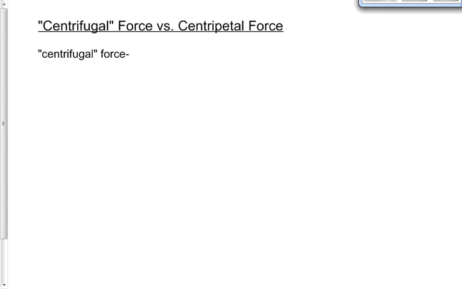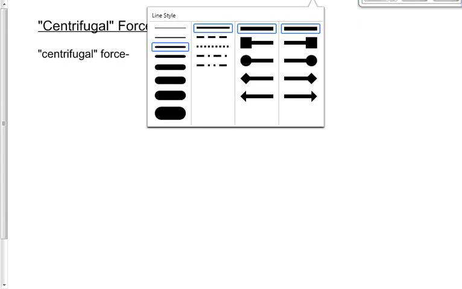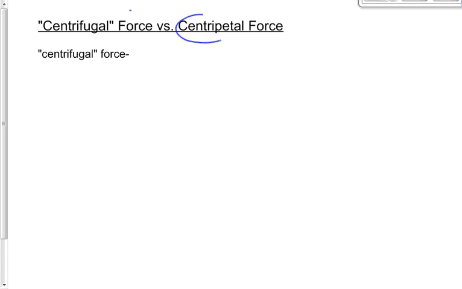Now, let's differentiate that with centripetal force. You've heard both of those words before, centripetal and centrifugal. Centripetal means center-seeking. We talked about that yesterday, earlier today. Center-seeking. In other words, a force that pulls something in toward the center.